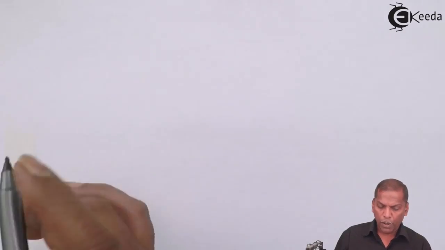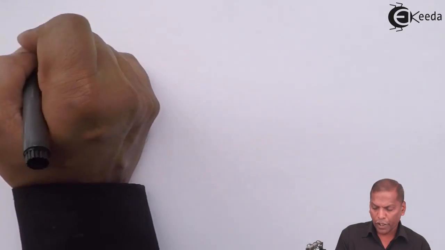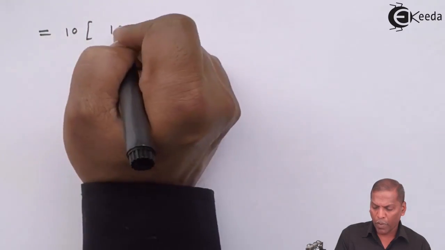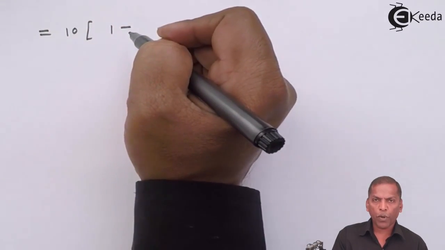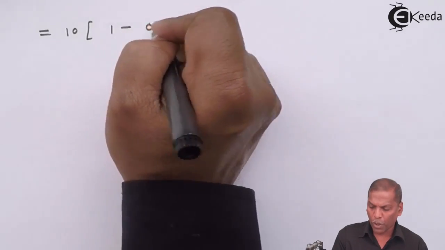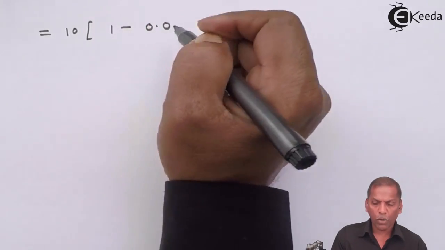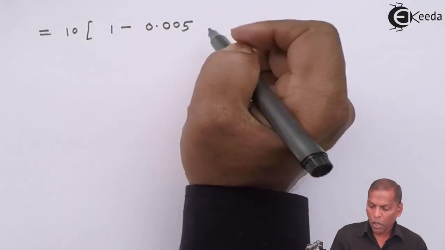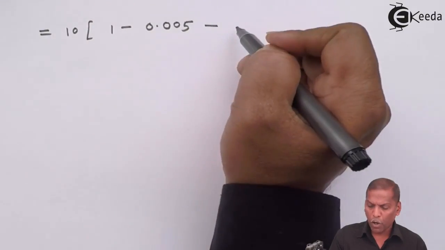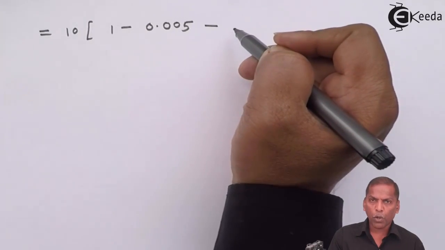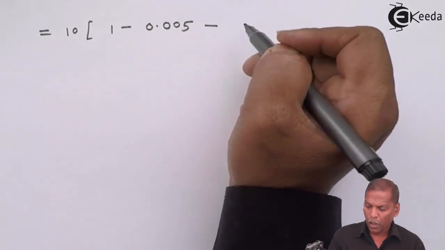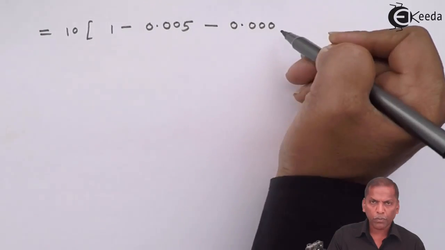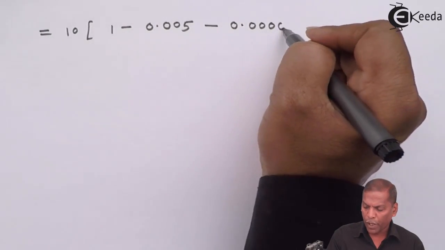So again on simplifying further, we get 10 in bracket 1 minus, now 0.01 divided by 2, so that gives 0.005, then minus, we have 0.0001 divided by 8, so that gives us 0.0000125.